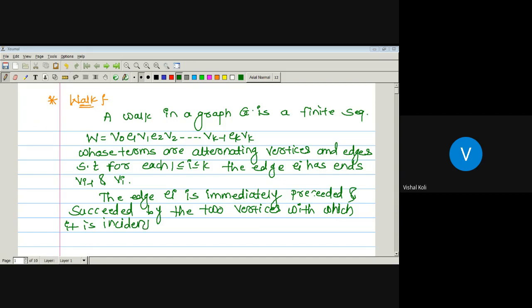So if we take any edge Ei in a walk W, then it is immediately preceded and immediately succeeded by two vertices. For example, if we take the corresponding edge Ek, then it is strictly preceded by vertex Vk minus 1 and strictly succeeded by vertex Vk.